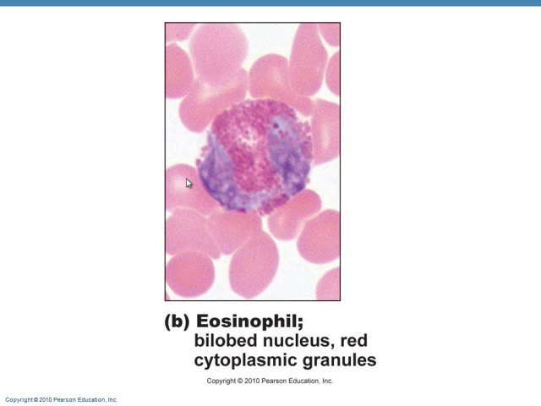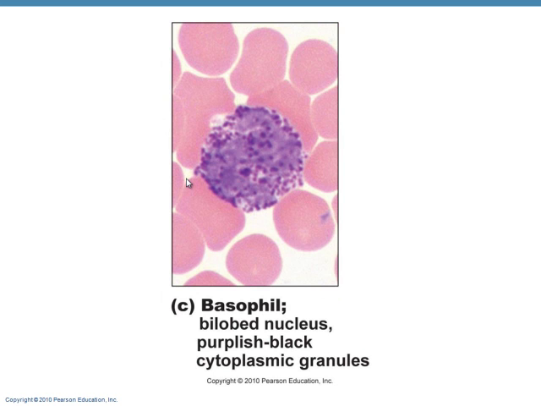That's the eosin portion of the stain. And guess what? What color are the little granules in a basophil? It's the basophilic portion of the stain. And they almost look black. They're very, very dark blue, almost black. If I didn't stain the cells, could I tell the difference between these three granulocytes? All right, we'll end there.